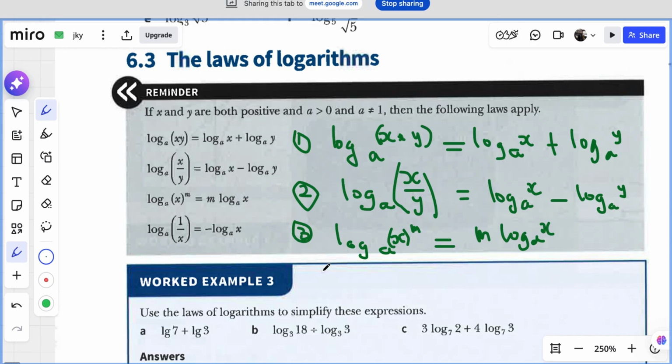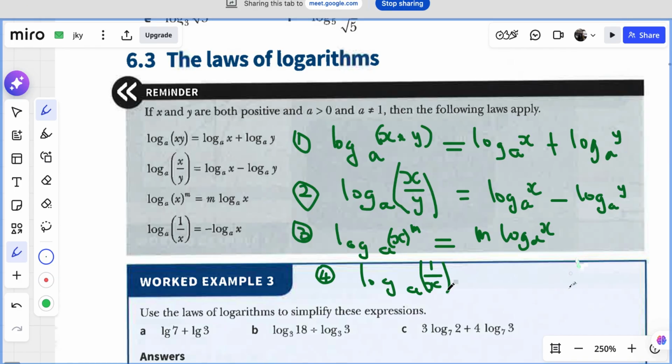Then the fourth one is the fourth law of logarithm, not indices, logarithm. The fourth law of logarithms is that if you have log base a of x raised to power minus 1, this will produce negative log a x.